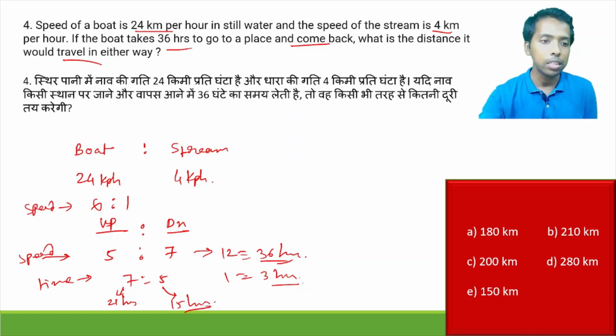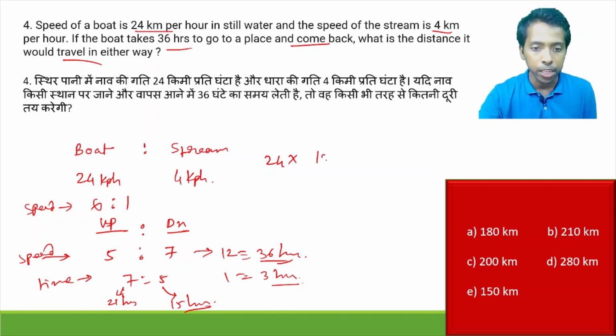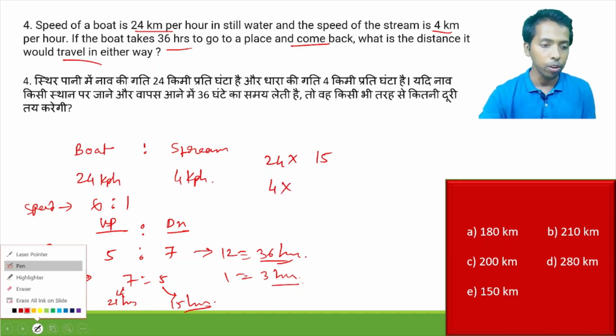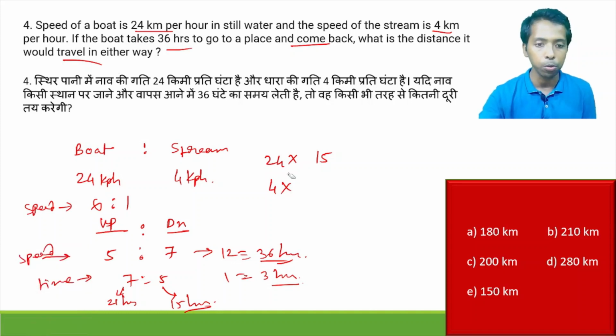Now what is the distance it would travel in either way? Okay, this is not 24, we have to take into account the upstream and downstream speeds. The upstream speed is 20 and the downstream speed is 28.